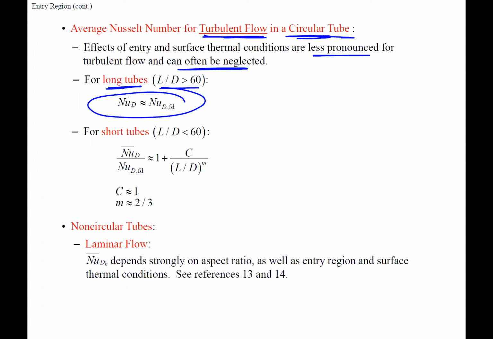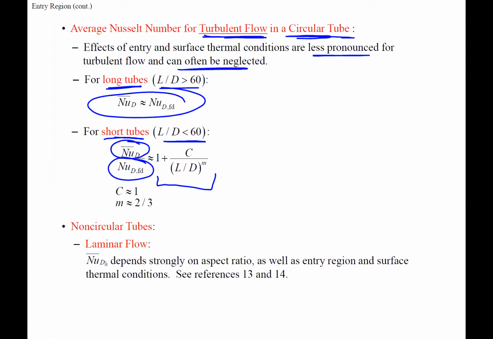Or if we have a short tube, we can make a correction. Okay, so we can take the fully developed value and correct and get our actual value with this kind of equation right here with C equal to 1 and this m parameter to 2/3. So it just kind of corrects the Nusselt number for shorter tubes.